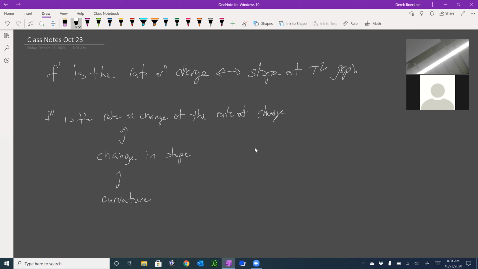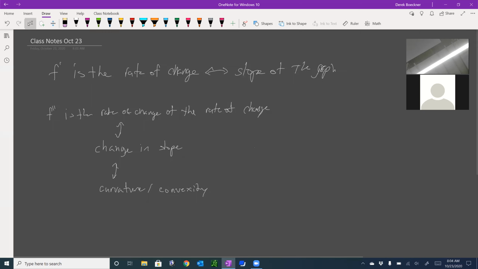That word means something very specific in Calc 3, but we'll just call it curvature here because it sort of fits. I'll also say convexity.